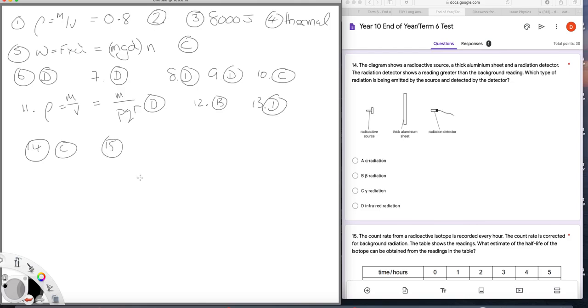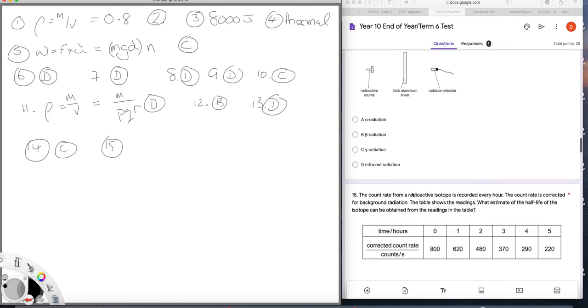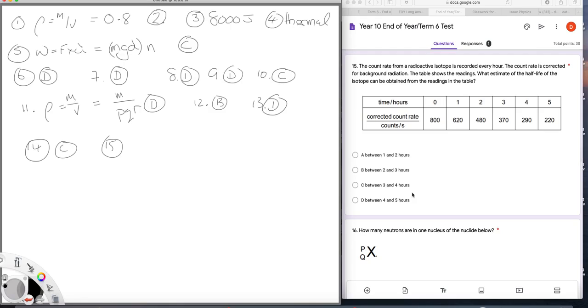15 takes us halfway through. The count rate from a radioactive isotope is recorded every hour. The count rate is corrected for background radiation. The table shows the readings. Which estimate of the half-life of the isotope can be obtained from the readings in the table? From which readings, I suppose, is what we mean.